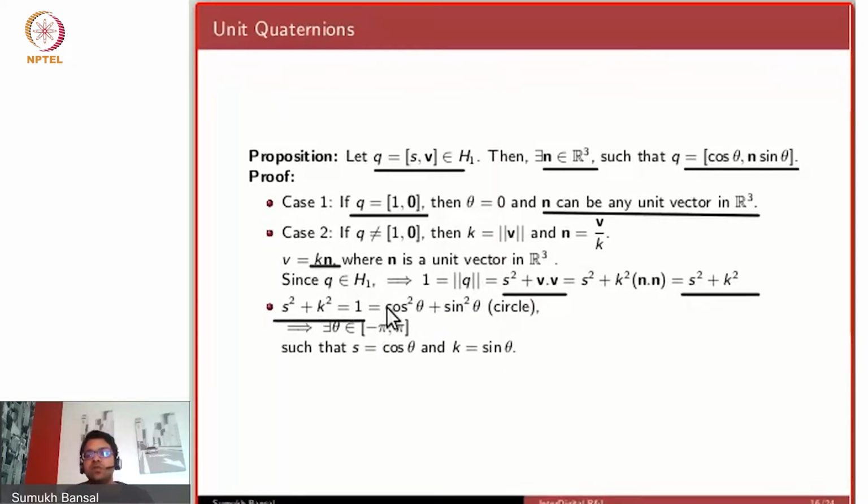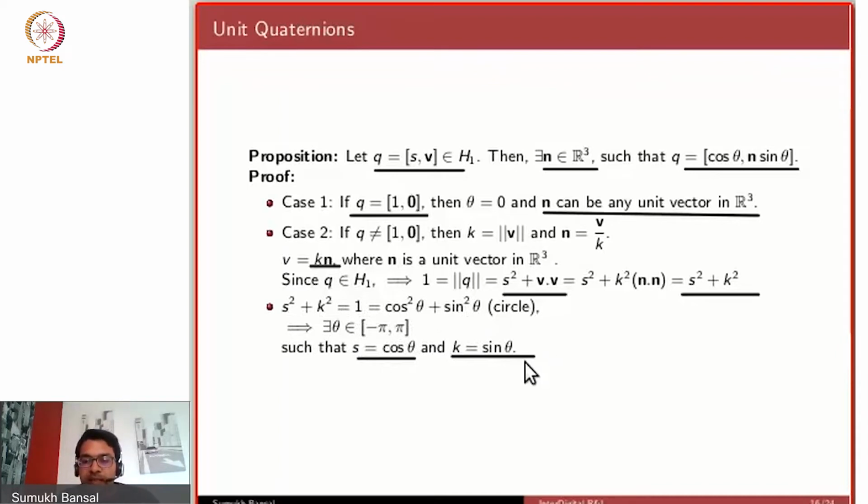We know that cos squared theta plus sin squared theta is equal to 1. That means there exists a theta between minus pi and pi such that s is equal to cos theta and k is equal to sin theta.